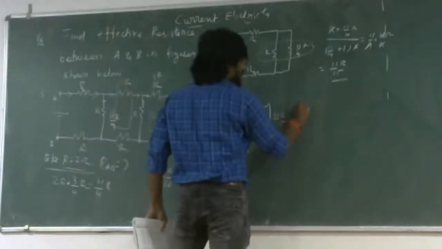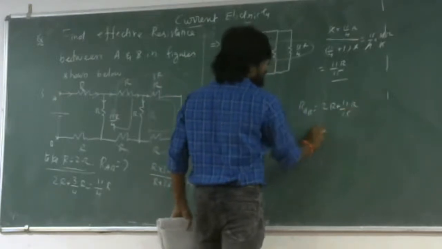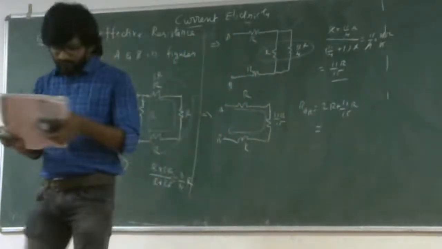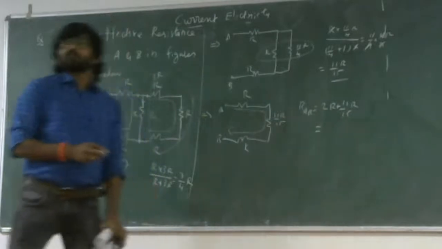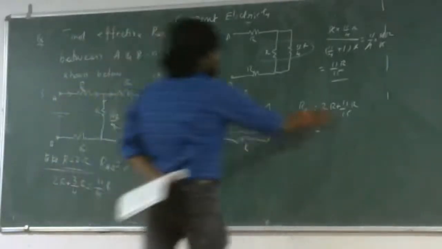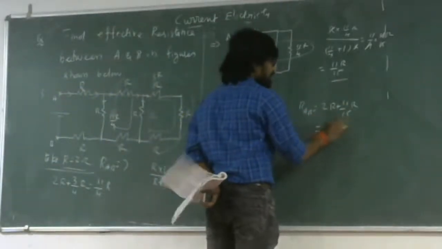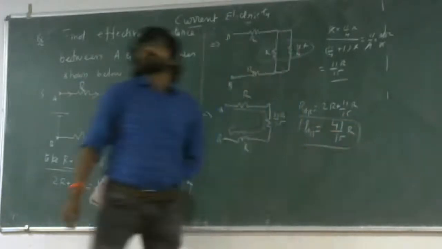So RAB is equal to 2R plus 11 by 15 R. So 30 plus 11, 41 by 15 R. Okay?